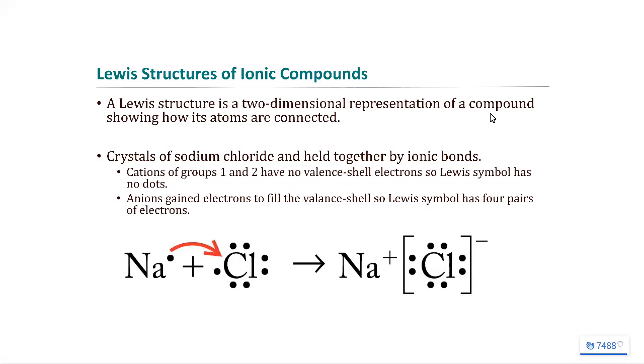Because in ionic compounds, all that we are going to do is see Lewis dots taking hold to either vacate, get rid of all of the Lewis dots in the case of a metal, or in the case of a non-metal, add enough extra electrons to completely fill up all 8 of those spots.